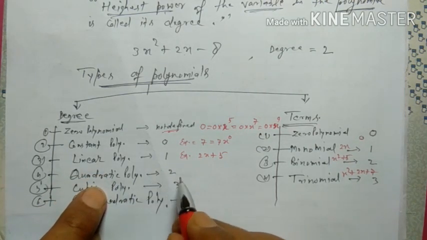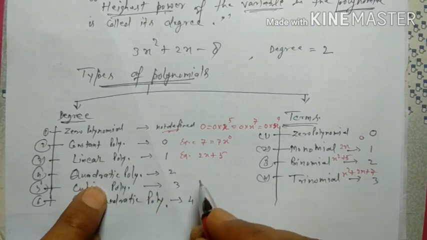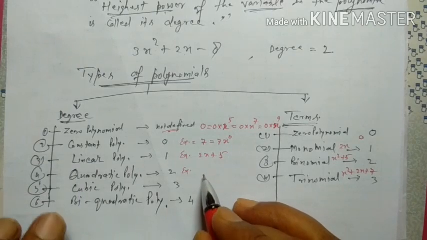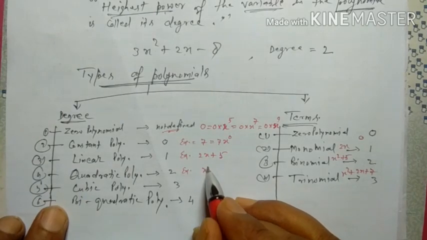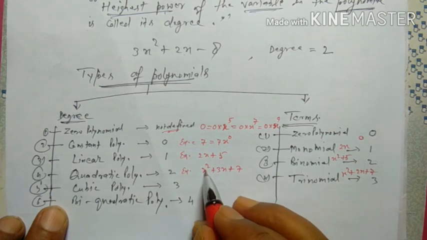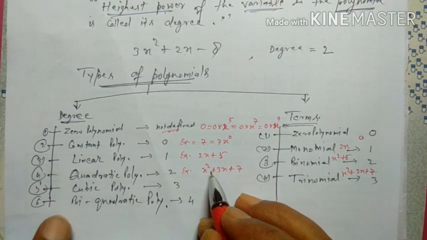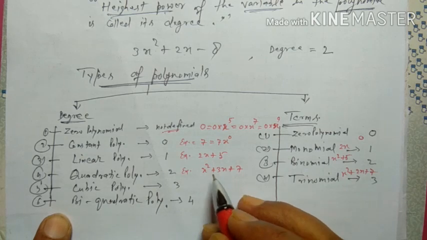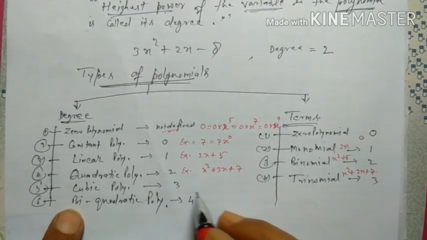Quadratic, the highest degree is 2. For example, x squared plus 3x plus 7. Here the maximum power of the variable x is 2, so its degree is 2. This is known as a quadratic polynomial.